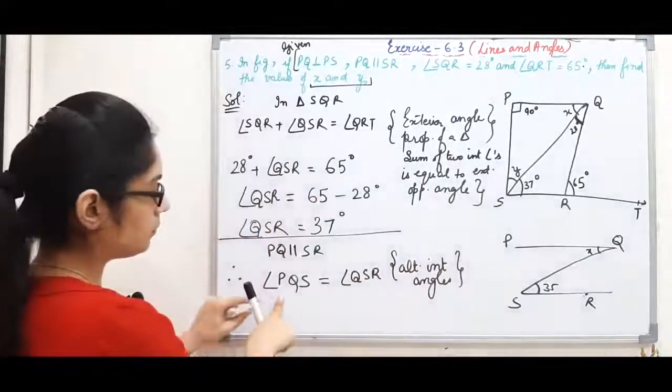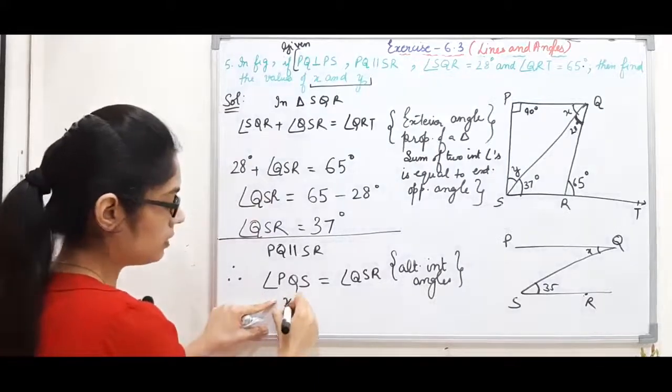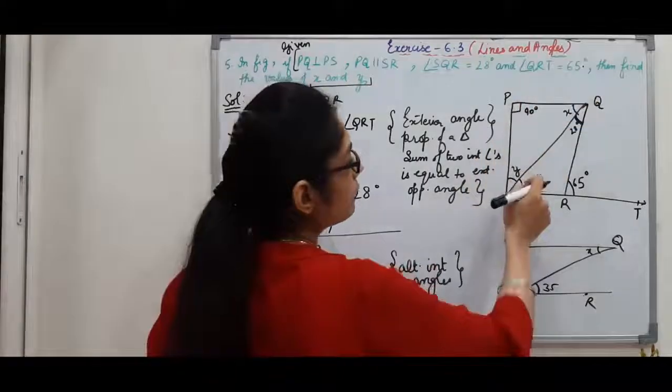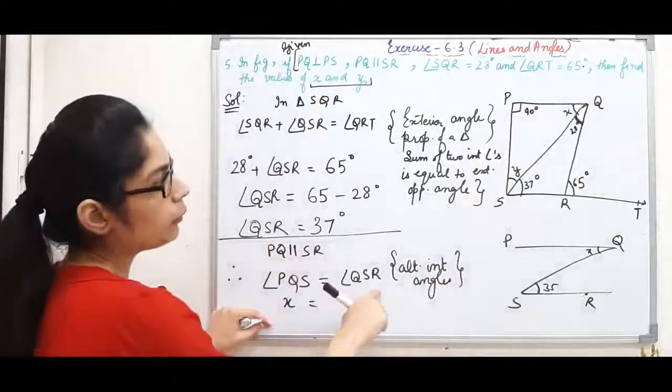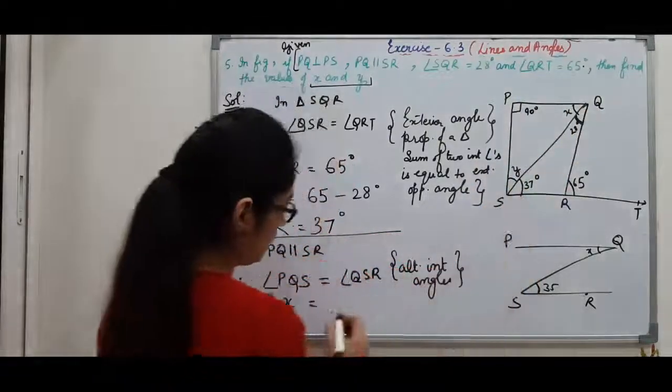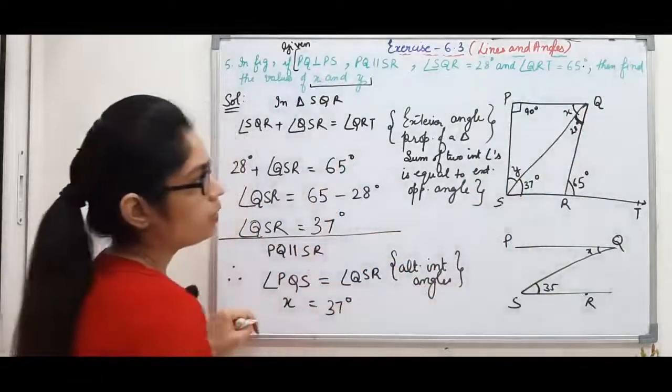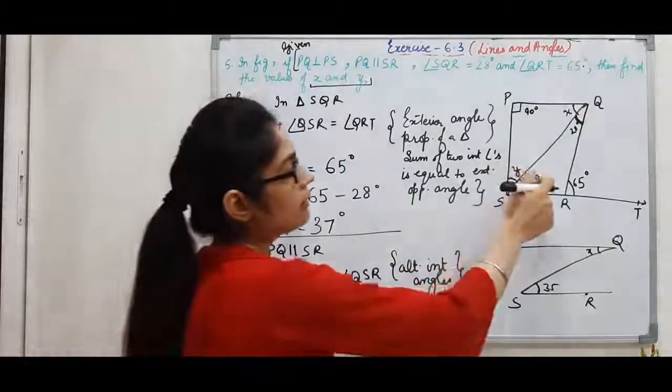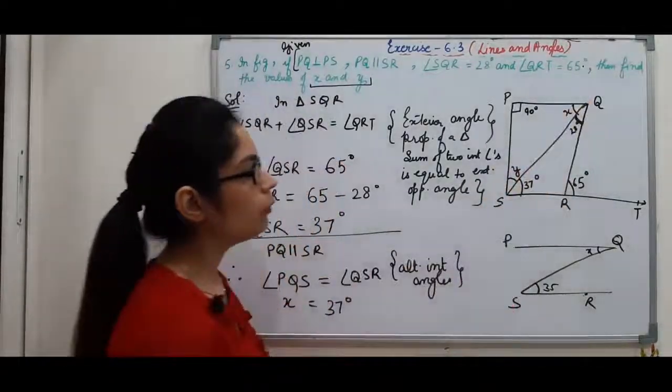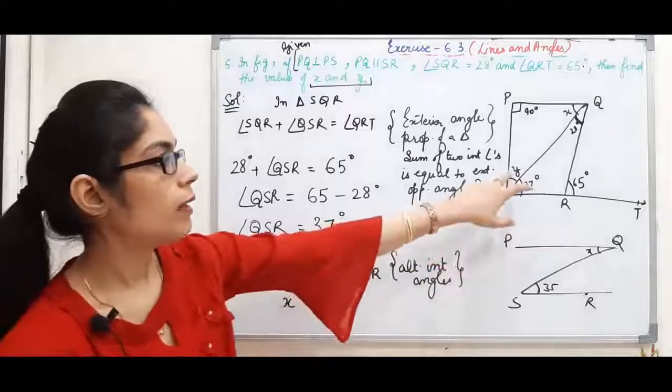So PQS is equal to x, and QSR is equal to 37 degrees. So that is what we have to find: x is equal to 37 degrees. Now the next thing is to find the value of y.